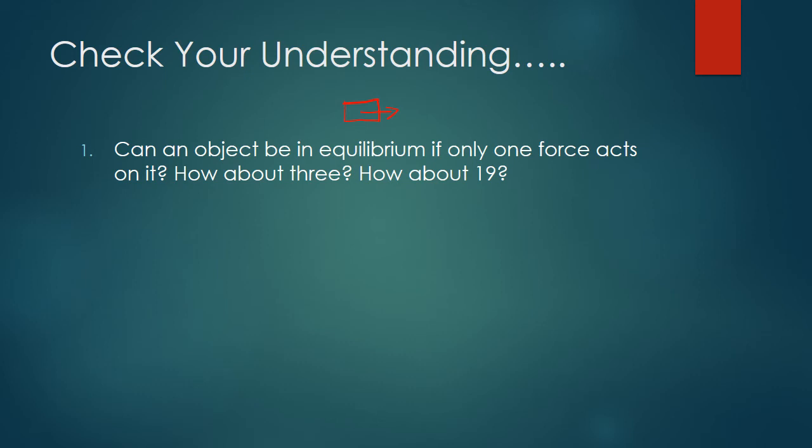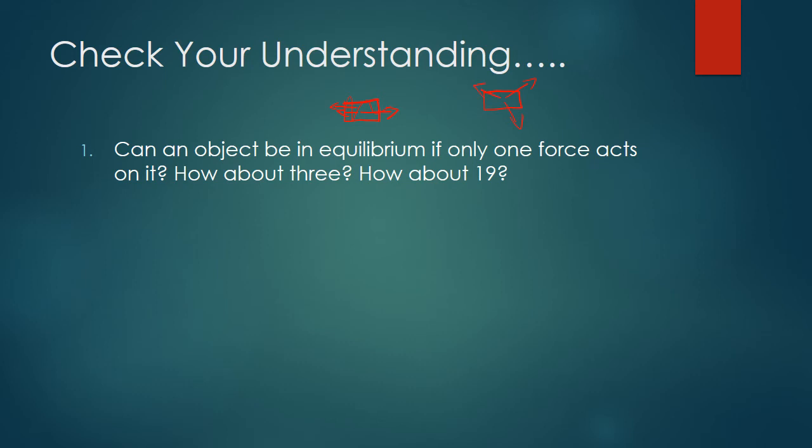Now, if there's 3 forces acting on it, well, now that is possible, right? You could have maybe 2 forces in the opposite direction, and those forces add up to the same sum as this one. Or you could have a situation where you have 3 forces all kind of in opposite direction.